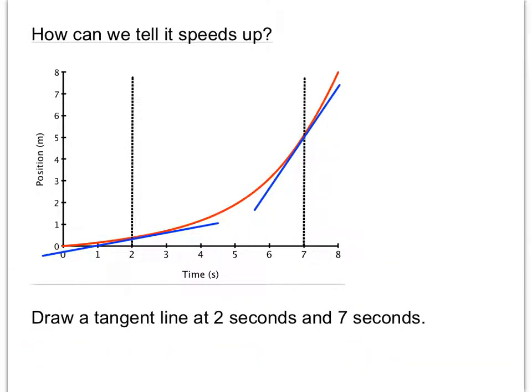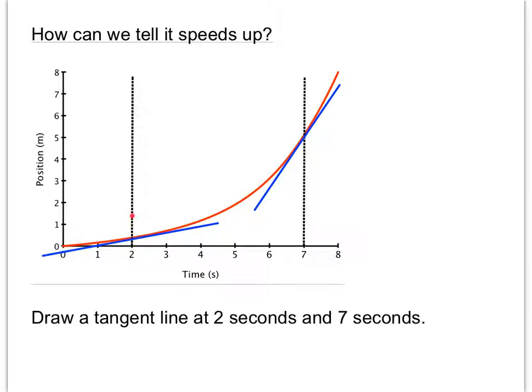All right, so this is the shape of the graph that we got from the lab, and we want to figure out how we can tell it speeds up. So what I'm going to do is take two places in time. I'm going to take 2 seconds and 7 seconds. These are just random ones that I chose, and we're going to draw a tangent line at both places.